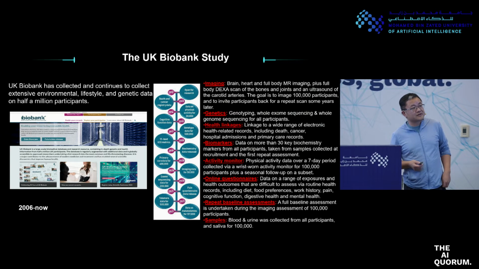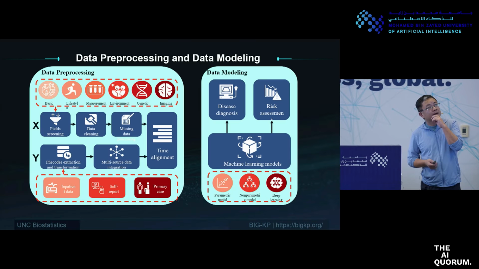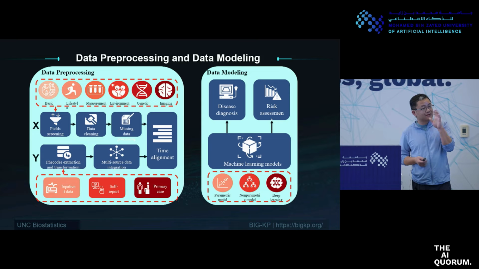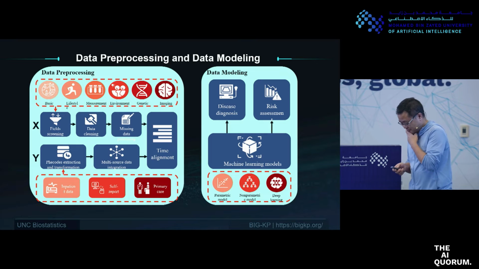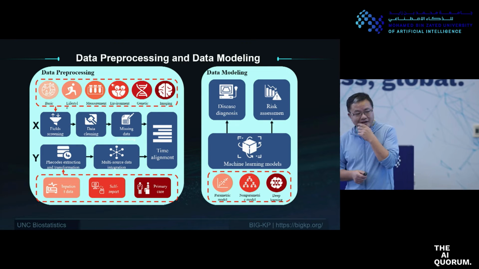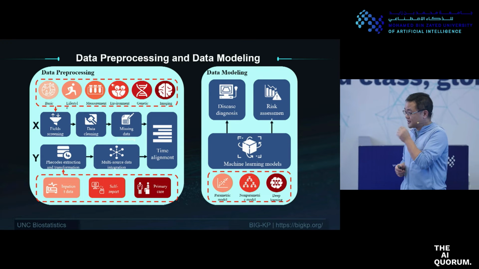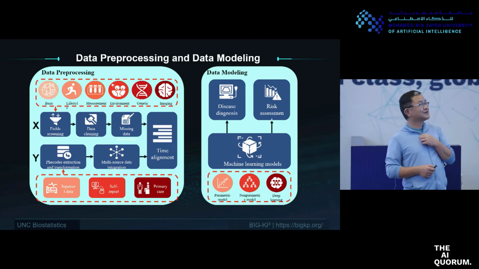There's a lot that can be done in these areas, okay? And this is one of my recent papers that I haven't submitted yet. It's almost finished. We tried to develop both data processing methods and data modeling strategies, okay?